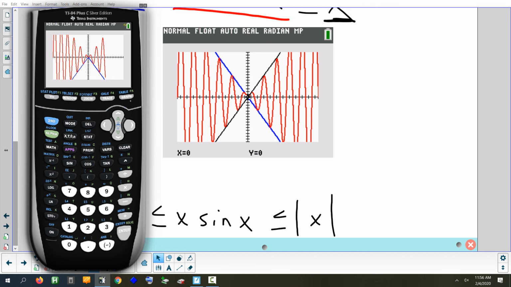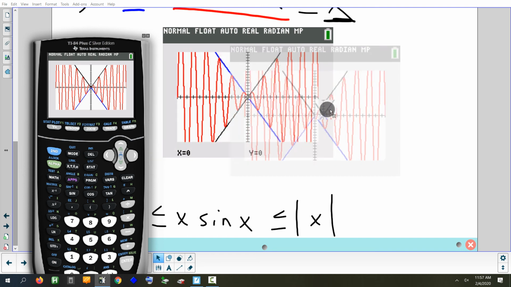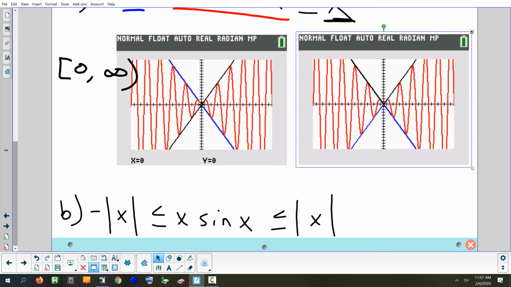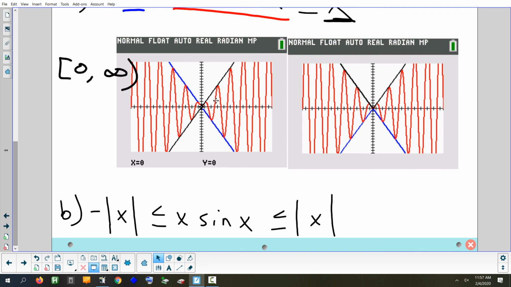And what I really want you to think about is, what if these graphs were black and white? How would these two graphs compare to each other if they were black and white? They'd look exactly the same. But by doing them in color, what's the difference?